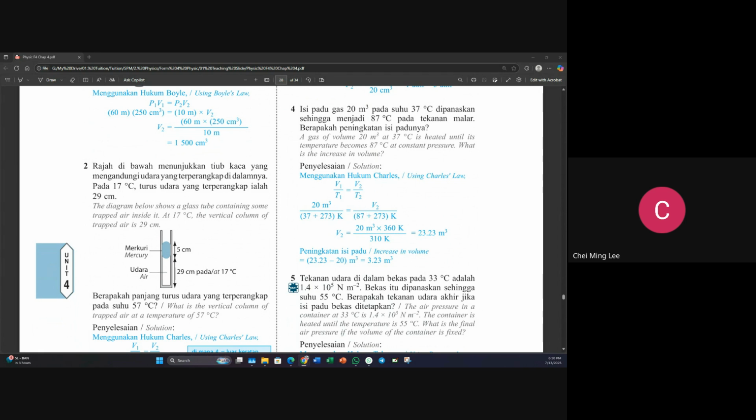So 20 over 37 plus 273, changed to Kelvin, equals V2 over 87 plus 273. Move this one here, so you get V2 is 23.23 meter cube. We want to know the increase, so we find V2 minus V1. The increase in volume is 3.23.